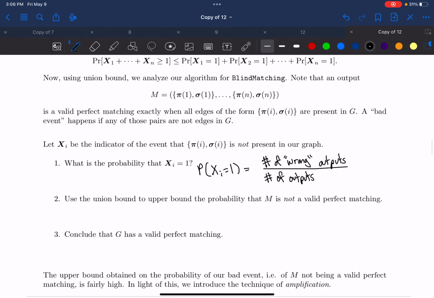All right, because the probability that we choose an edge that's not present in our graph is essentially like if we look over all the edges that we could output, how many of them are bad, and then the probability is essentially the number that are bad over the total number of edges we could output.